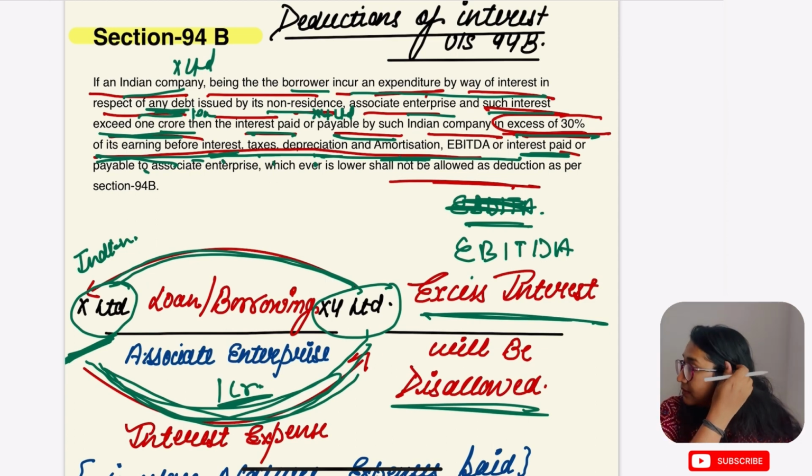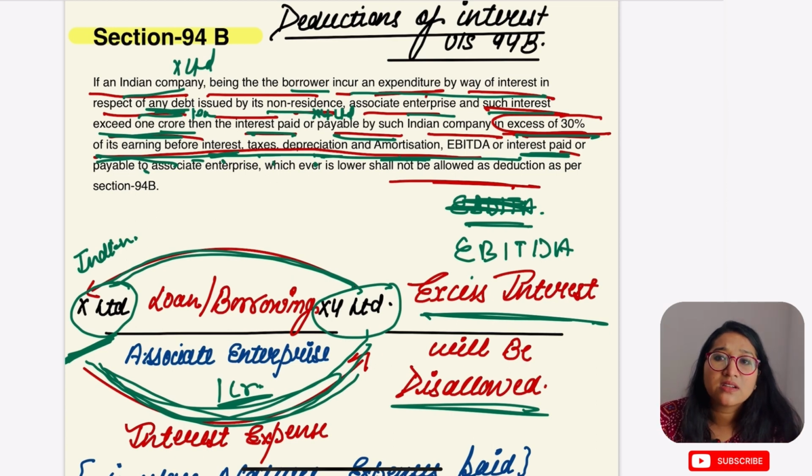In the example, X Limited has taken a loan from its associate enterprise, XY Limited. XY has given the loan and X is going to pay the interest amount. If the interest paid is more than 1 crore rupees, then the excess interest would be disallowed.